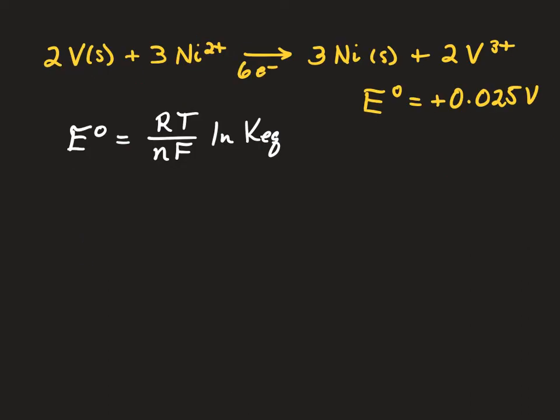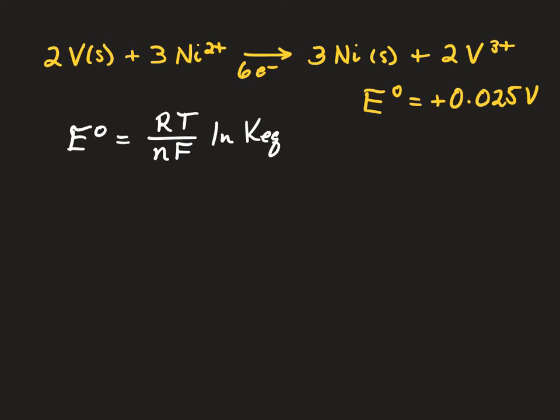So here is our properly balanced equation for the reaction between vanadium and nickel ions to make nickel and vanadium ions. Here's that standard potential we calculated, and here's the equation we just came up with.